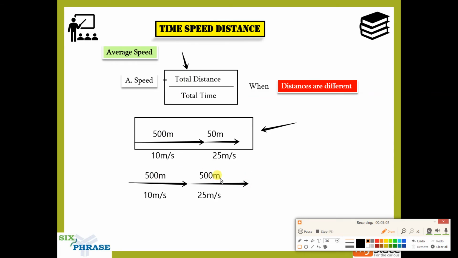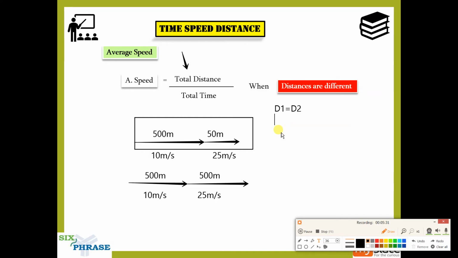But what happens when the distance is the same? Let us take the formula, guys. See, what is at the top? Total distance by total time, right? So our average speed will be equal to total distance by total time. So here d1 will be equal to d2.